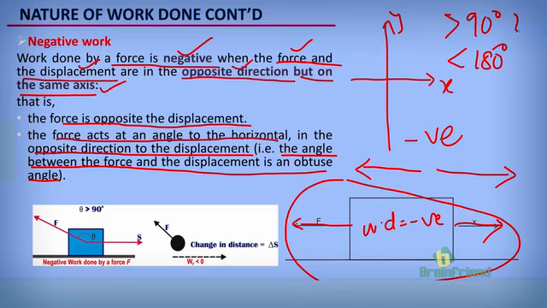So for any angle that falls between 90 and 180, the work done will be negative. We can see, for instance, this is a sign of an obtuse angle. The force is in this direction and the displacement is in the opposite direction, but in the same axis, the horizontal axis.